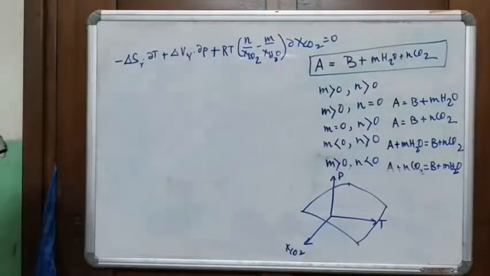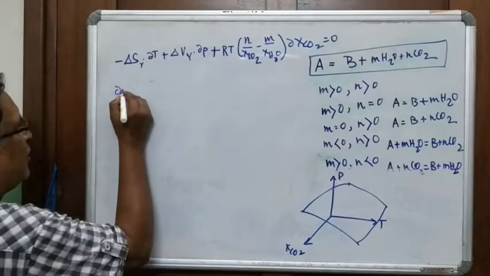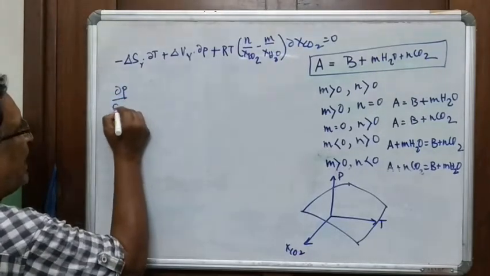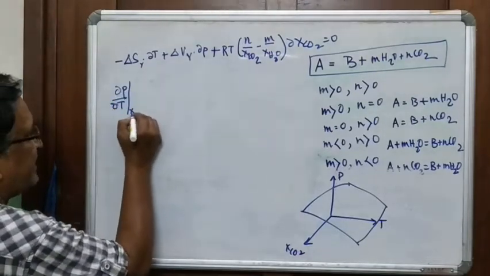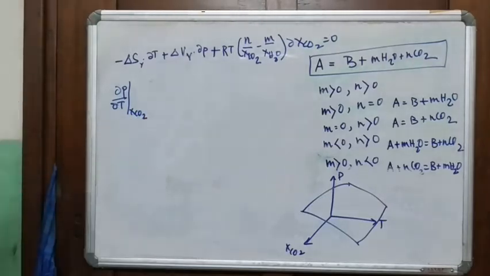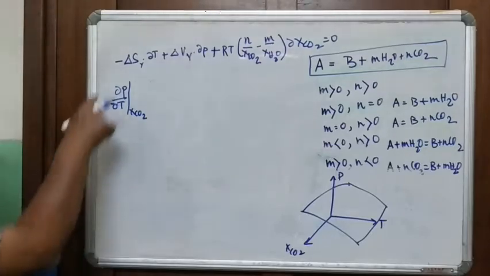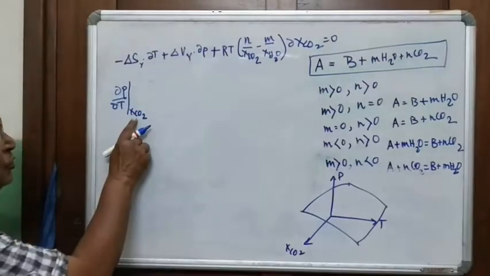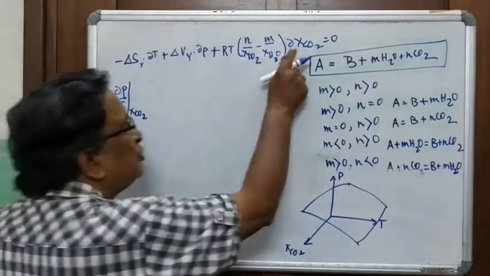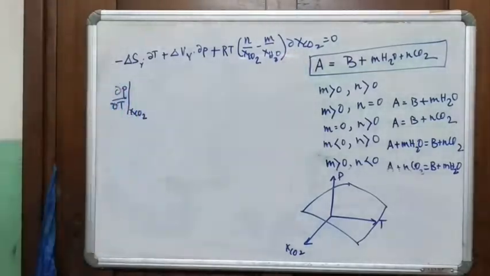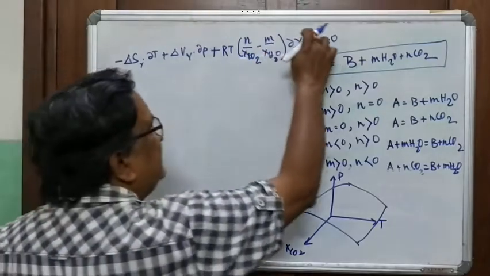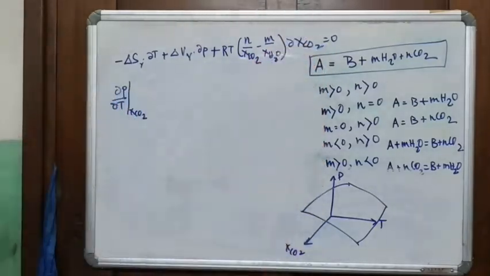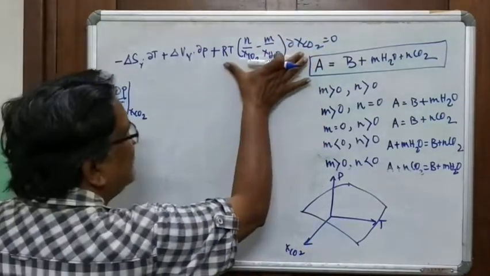Now see, if I want to find out dP by dT at constant XCO2, what am I trying to find out? The slope of the reaction. Del P by del T is the slope of the reaction at constant XCO2. So at constant XCO2, dXCO2 should be equal to 0, so this term vanishes.